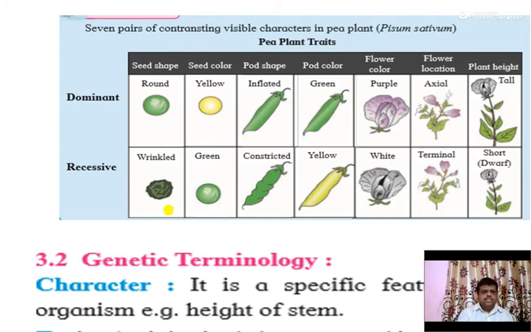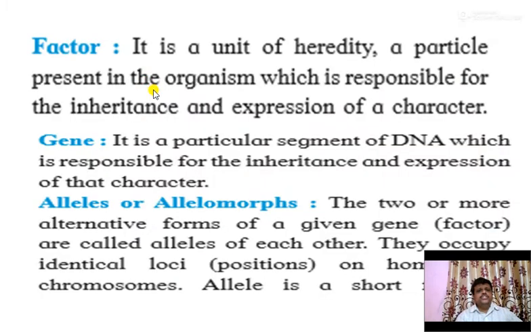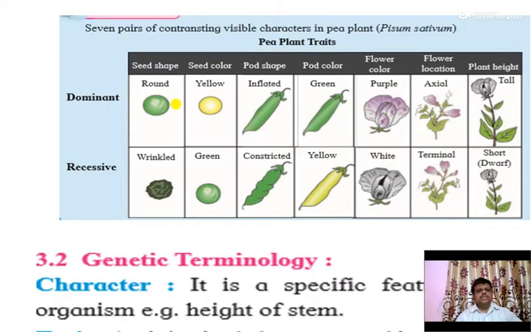The first character includes two traits. Out of these two traits, the first one is the dominant trait and the second one is the recessive trait. As far as seed shape is concerned, the first trait is round shaped seeds. This trait is dominant over the recessive one, that is wrinkled.